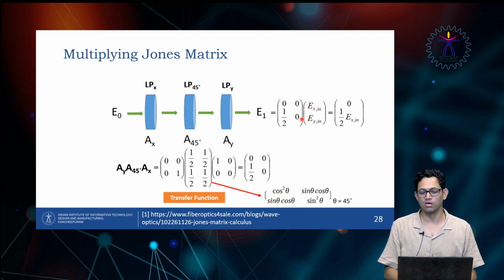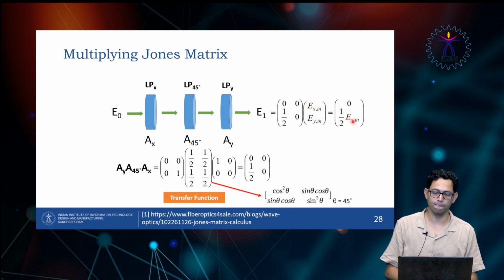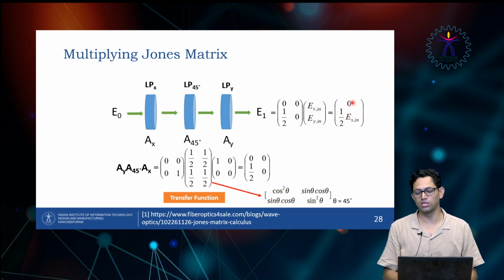I shine something of this sort, and what I get is 0, half of Ex. Whatever component was there for Ex becomes half, and this is the Y component. So the Y component becomes half of the X component, and the X component becomes 0. This is the response of this particular optical system of three elements.